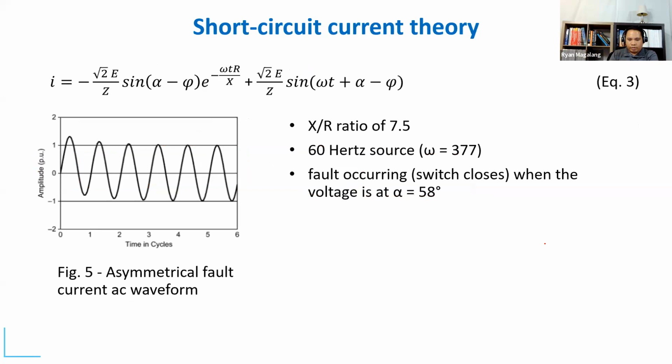So here is how the DC part decays during this time, and this is for an XR ratio equivalent to 7.5.